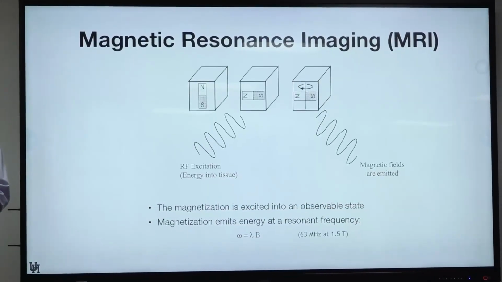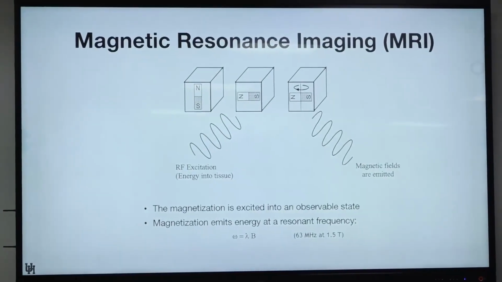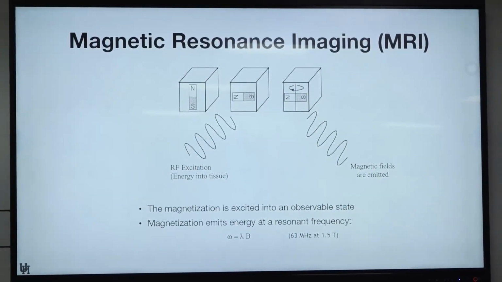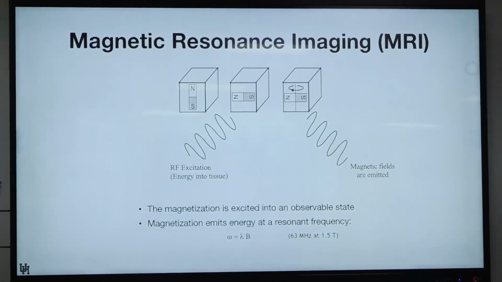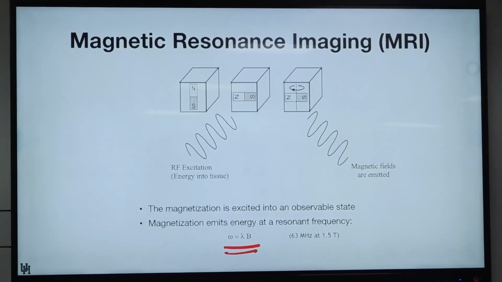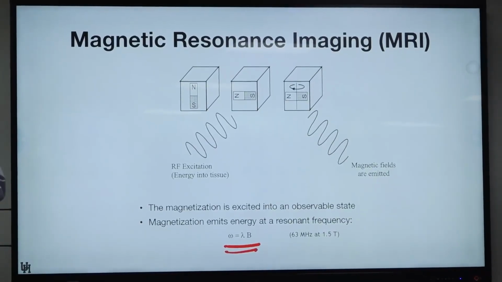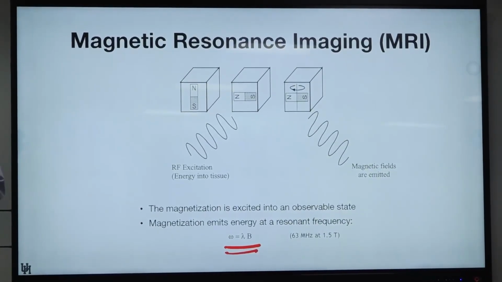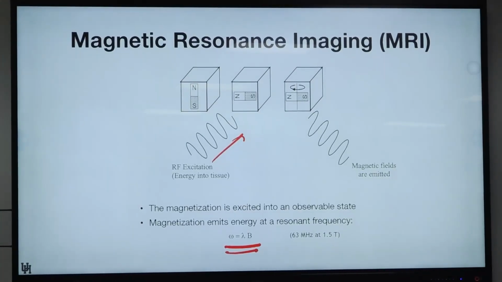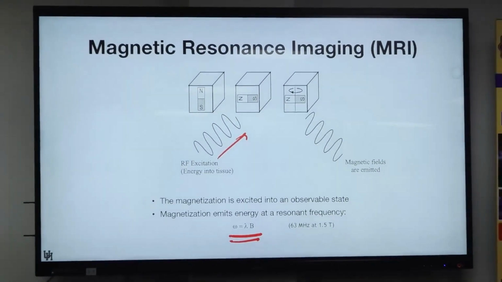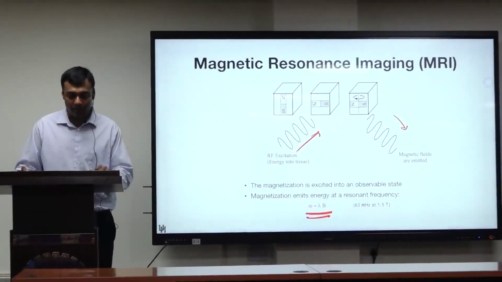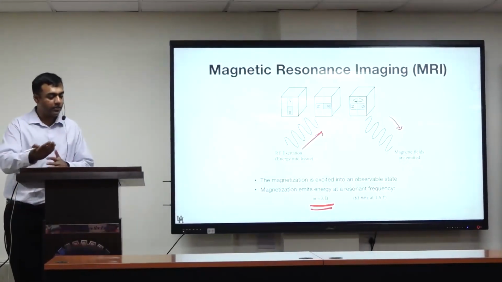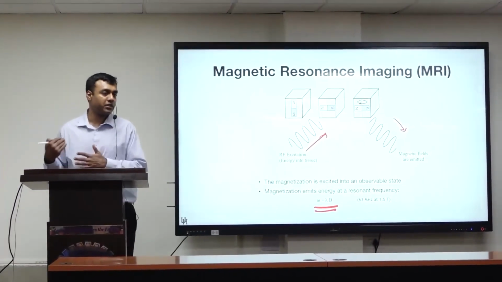The way it works is you apply a magnetic field, and one of the discoveries that people made was about the frequency. In the experiment, you apply a magnetic field and RF excitation, radio frequency excitation, and because of these magnetic moments, you get a different radio frequency wave back.